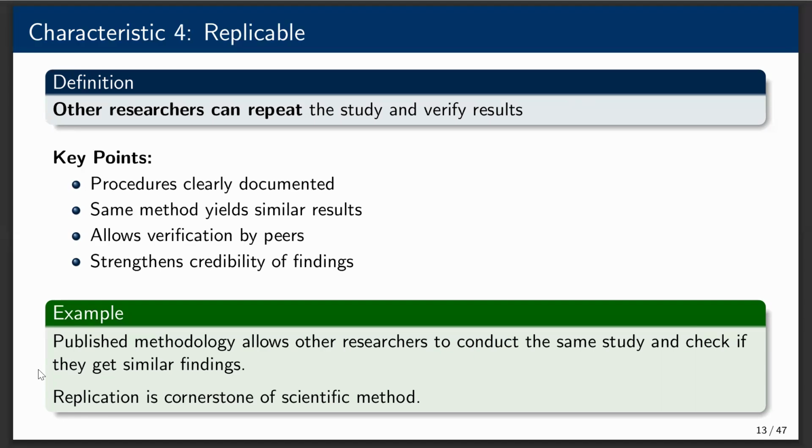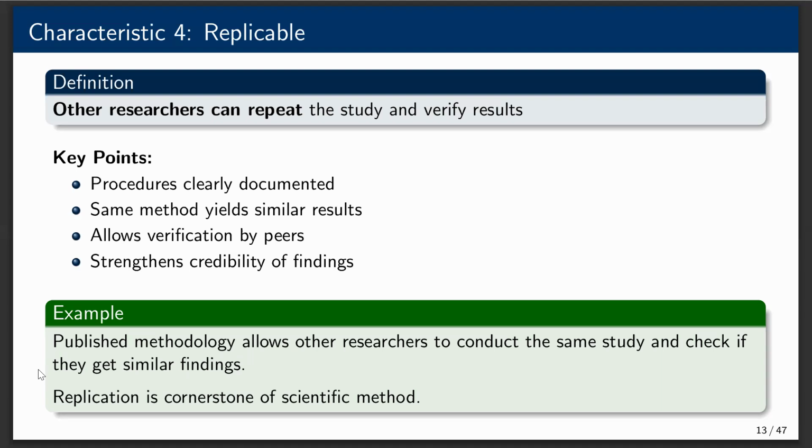Usually many good research papers give you the data and also the software code to verify their results. For example, a published methodology allows other researchers to conduct the same study and check whether they get similar findings or not.